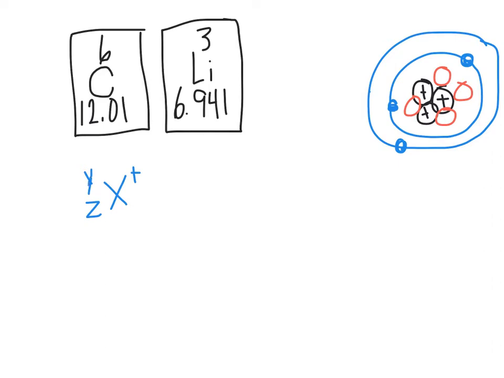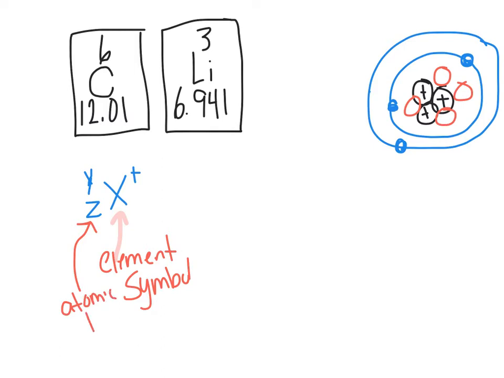Now, when you're looking at this format right here, that part goes the element symbol, goes there, all right? That number right there is the atomic number, and then the atomic mass goes there, and then that is usually a plus or a minus, and that is charge.